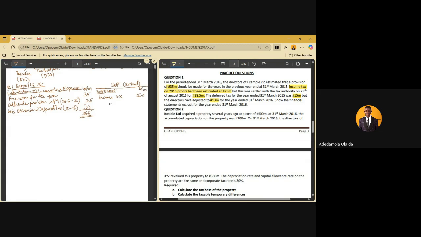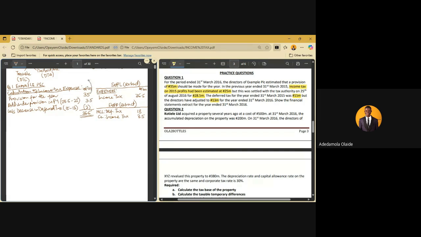But in our SOFP extract, we'll have non-current liability, deferred tax, of 13 million, and current liability of income tax of 35 million. Why are we having it that way? Don't forget, this 3.5 has already been paid.